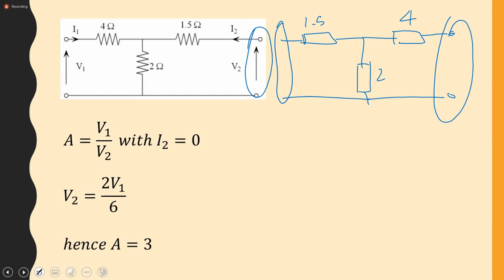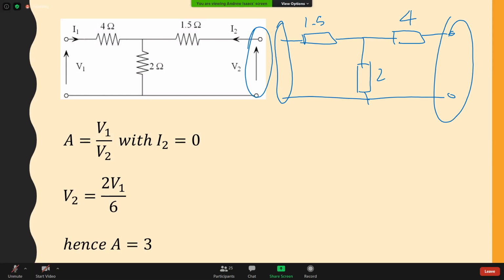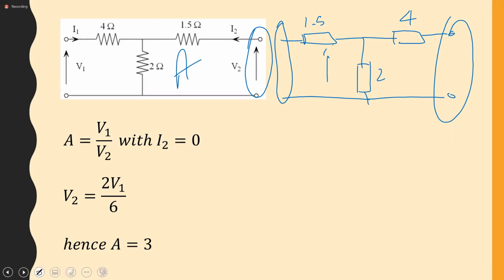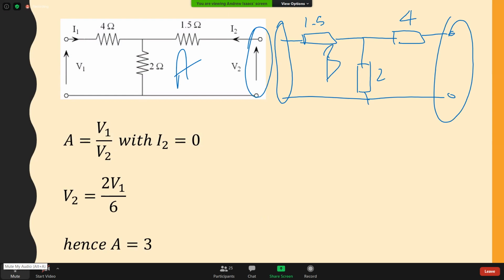Now, because I have the output of one network feeding into the input of another network, obviously it means that they are connected in cascade. Would you agree with that? So we can call this A, and we can call this B. So network A would be connected in cascade with network B.